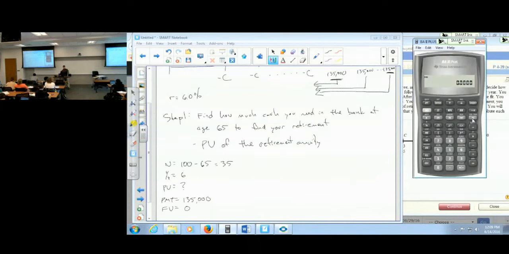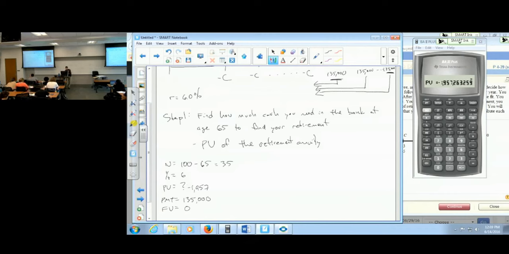All right, so second clear TVM, get rid of all that stuff. Present value. All right. I entered the payment as a positive, so I'm going to come up with a negative present value.